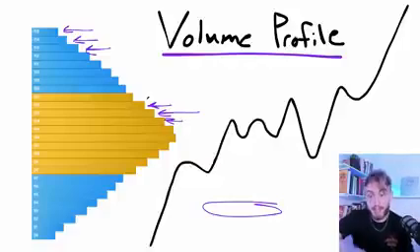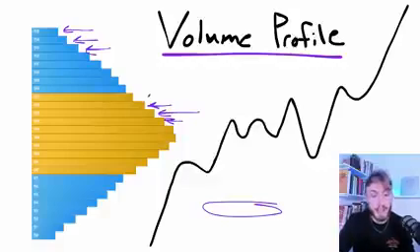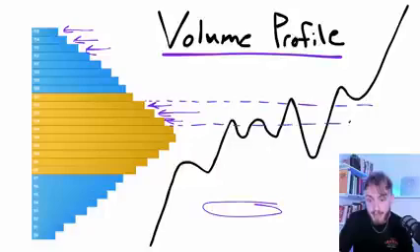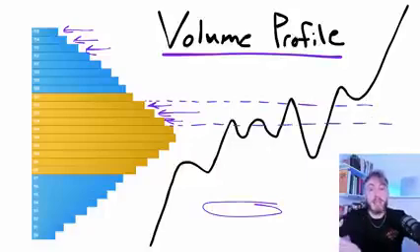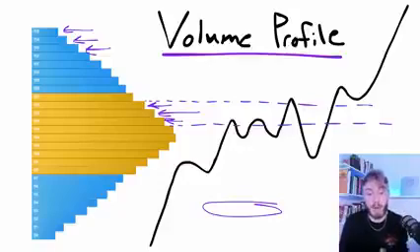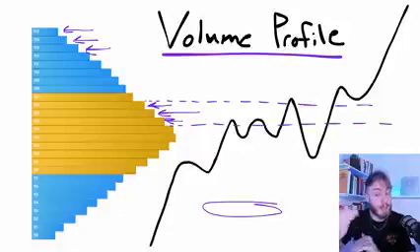And if you look at the black price line, you can see that I have tried to show that in this area, you can indeed see that the price spent a lot of time within this area. So the price had more opportunity to get volume traded in this area. But what you also have to notice is that it's not only how long the price spends within this area that matters.